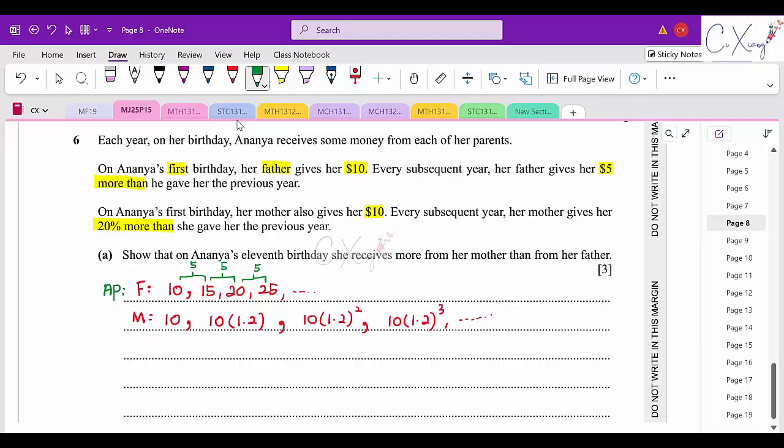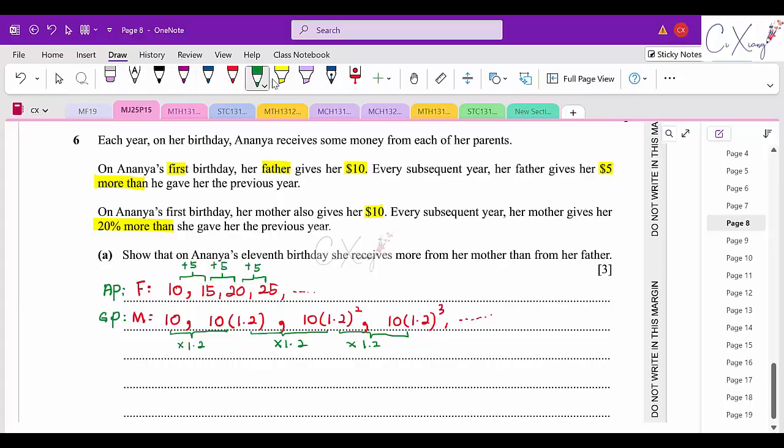How about the mother? For the mother, it is the multiplication of a ratio. The father's is plus 5, plus 5, plus 5. For the mother's, it is multiplied by 1.2, then for the second and third year also multiplied by 1.2, and so on. This progression is a geometric progression.